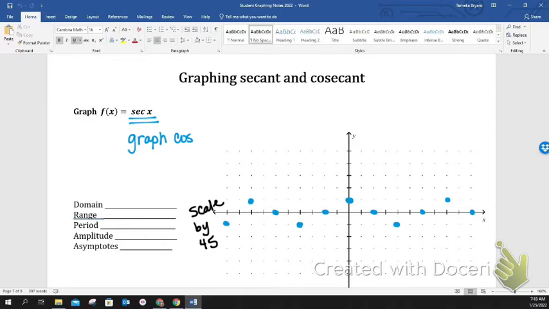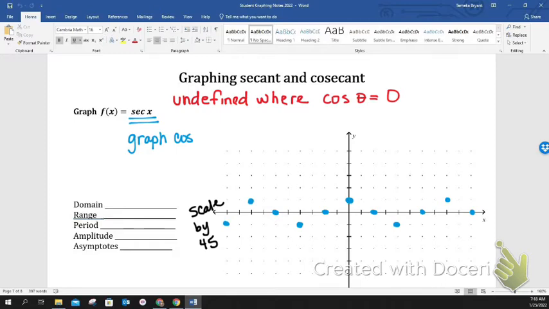Okay, secant is undefined, or you have an asymptote where cosine is equal to 0. And let's talk about why secant is undefined. So every place where I put a point on the midline, we have an asymptote.